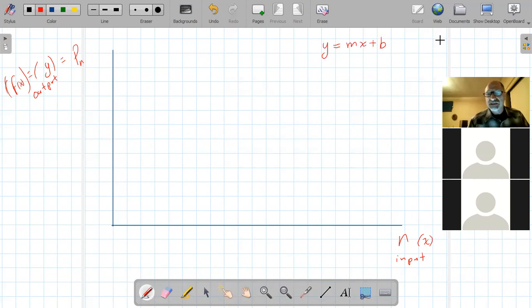And then hopefully in intermediate algebra, you learned that we have another notation for y. Sometimes we call that f of x. And you remember this b was the y-intercept, and m was the slope, okay?